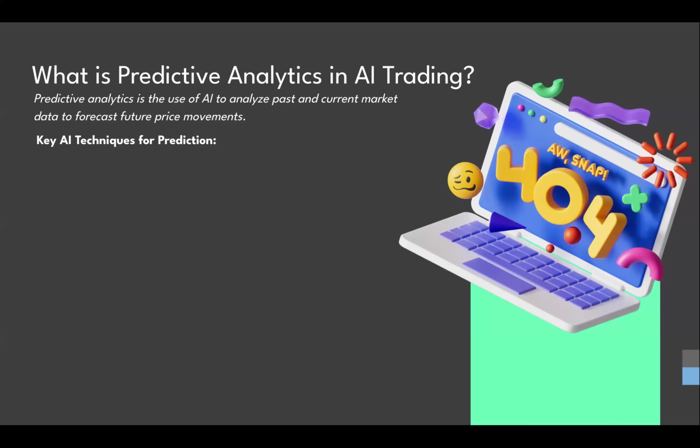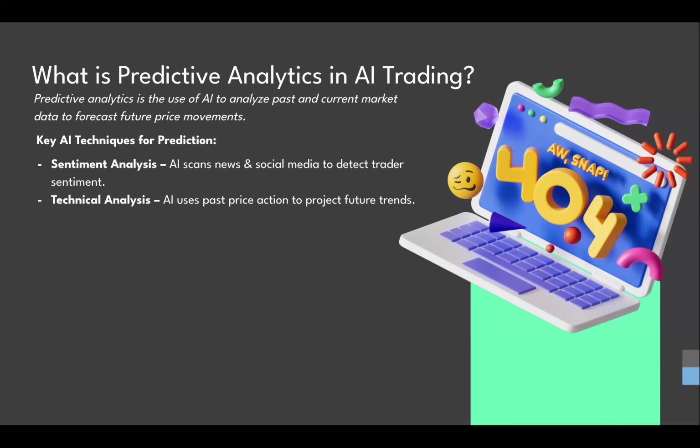So the key AI techniques for prediction include sentiment analysis, which I've mentioned before. The AI can scan the news and social media to detect traders' sentiments. What is the sentiment that people are actually on? Are they intending to buy more, or to sell more? It helps the AI know what direction the market is going to go. Then we have technical analysis.